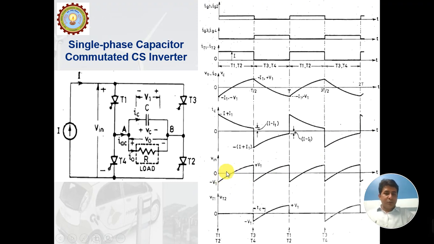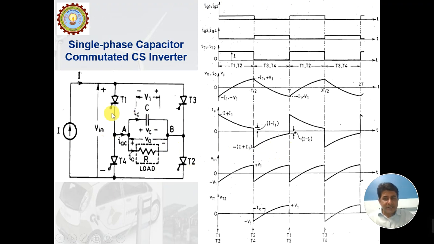This input voltage waveform can be taken through V0, as we discussed in the previous case. The voltage Vin will be equal to V0 from 0 to T by 2. So during this time, this input voltage will have the same waveform as the output voltage, but from T by 2 to T, the input voltage will be opposite to V0, because V0 has reversed at the load side.